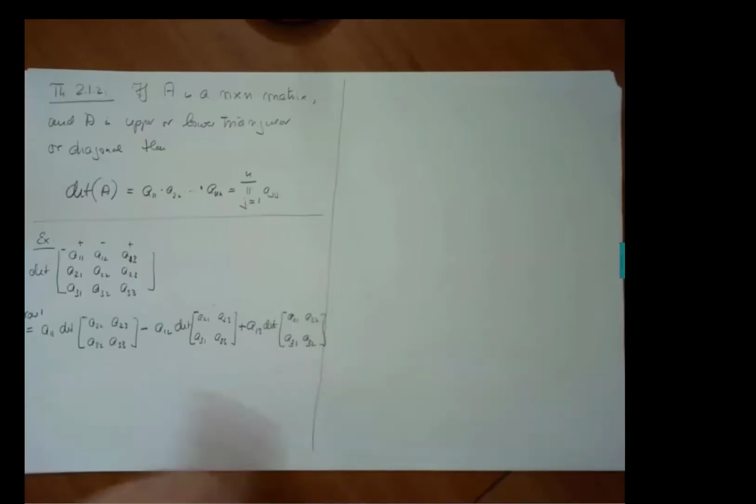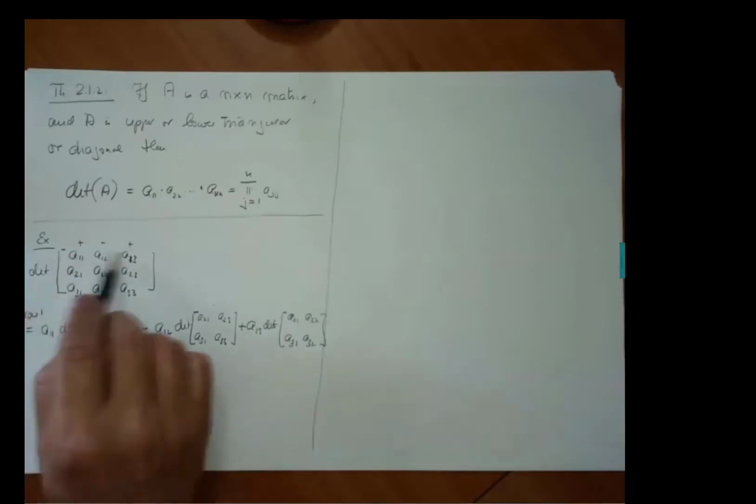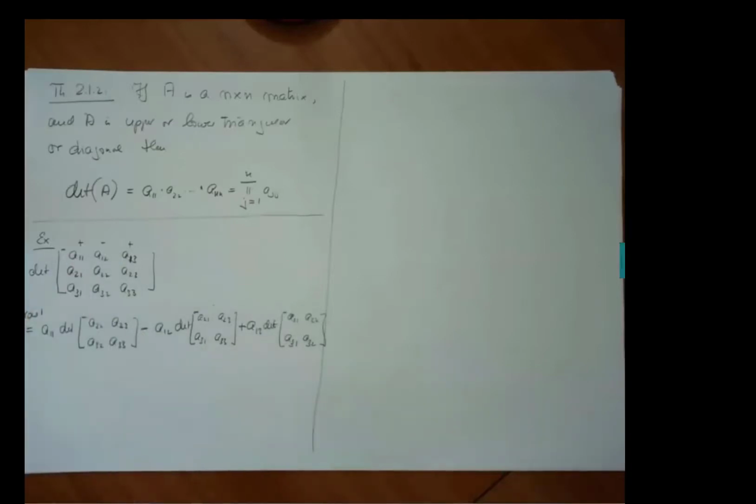This is just following our rule when we go along row 1. And now for these 2 by 2 determinants, we use the formula we have.